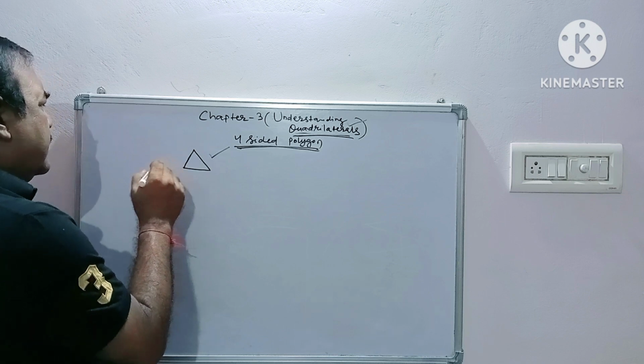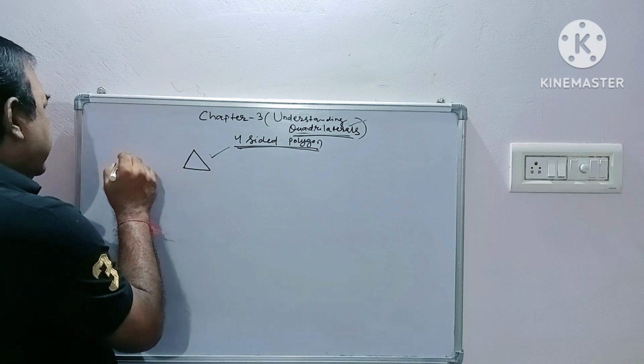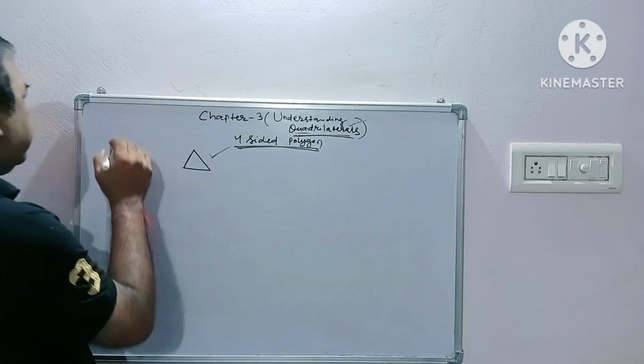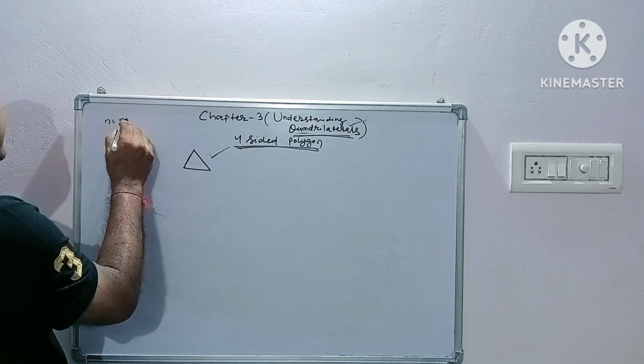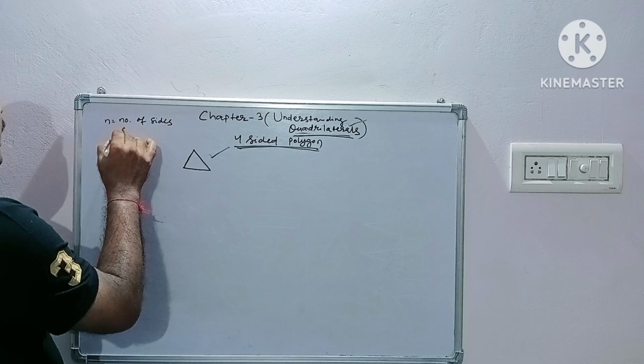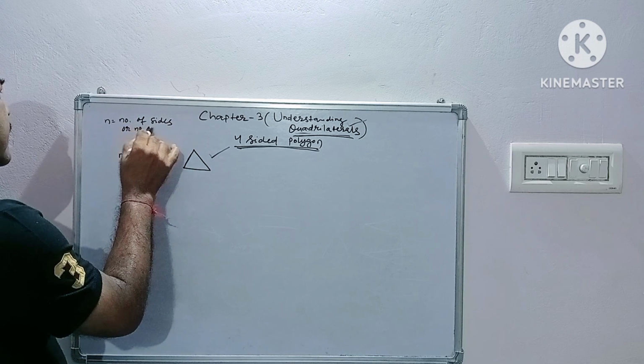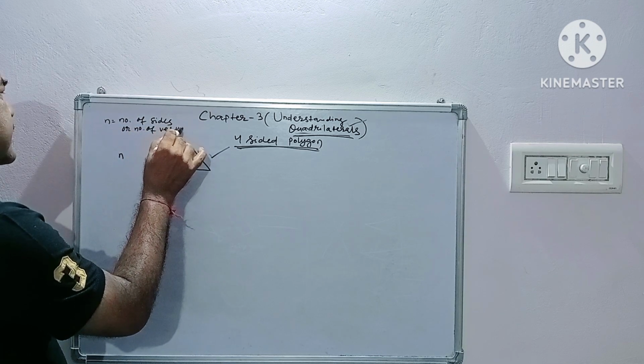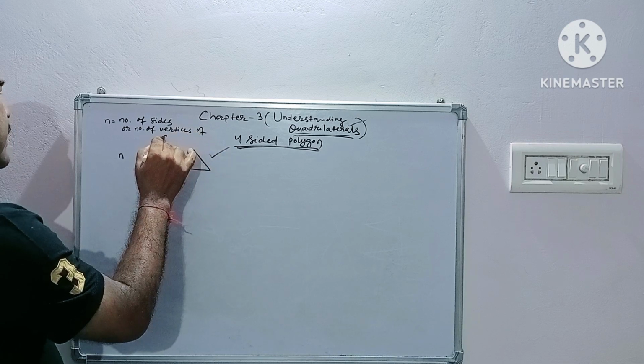Suppose n is the number of sides. n is the number of sides of the polygon, or number of vertices of a polygon.